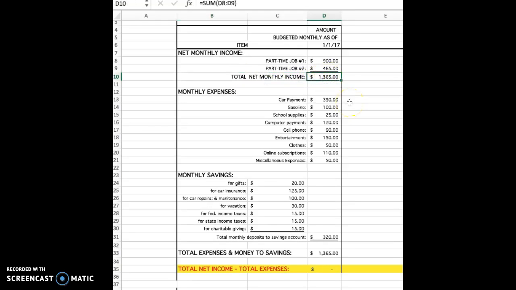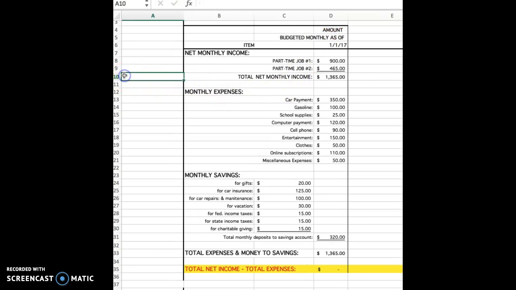We'll come back to that in a moment, but this number is in a cell. Cell means that when we look at the column, which is labeled D, and the row, which over here is labeled 10, the cell is called D10.